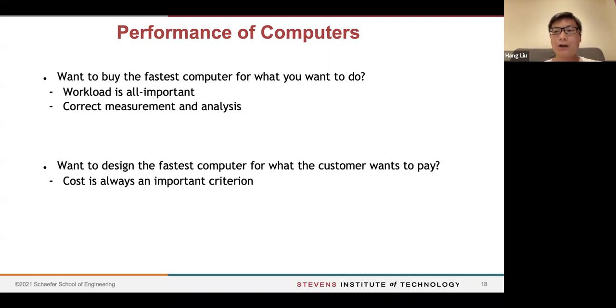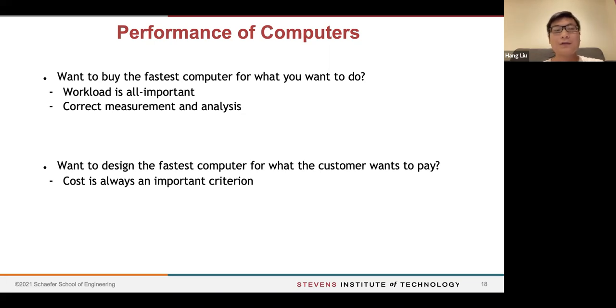So if your friend is good at gaming or pays a lot of attention to gaming, maybe GPU is important, and you should run some gaming or multimedia benchmarks in order to test which computer is better.